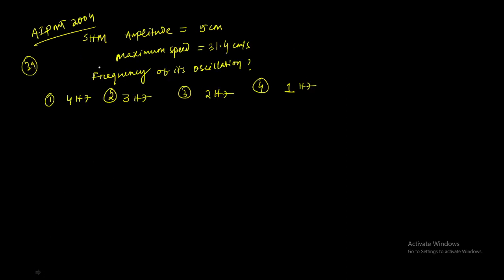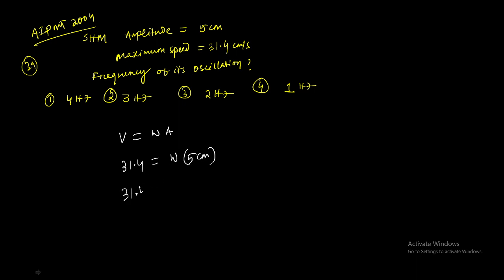Now 39. SHM, they have given amplitude 5 and maximum speed 31.4, frequency of the oscillation. So maximum speed V equals omega into A. So 31.4 equals omega into A, where A is 5 centimeter. This is also in centimeter per second. Both sides centimeter get cancelled out, right?